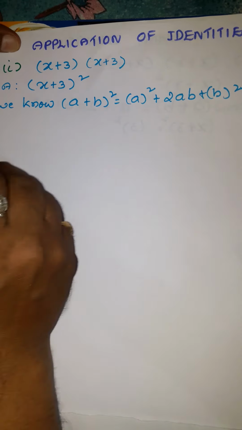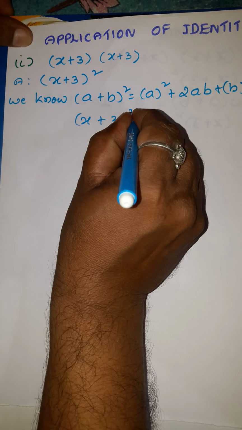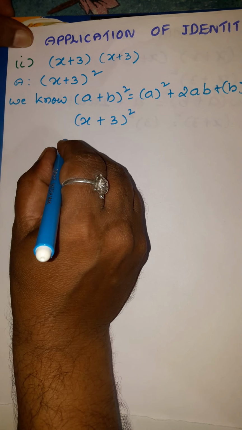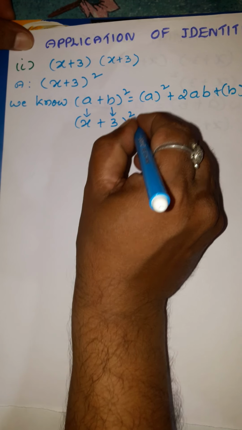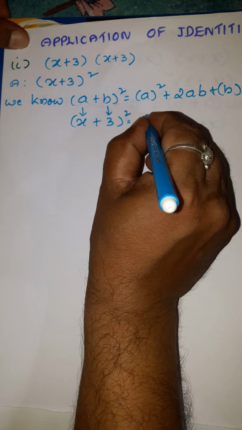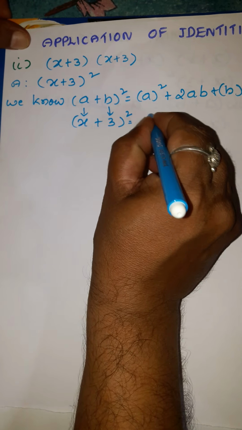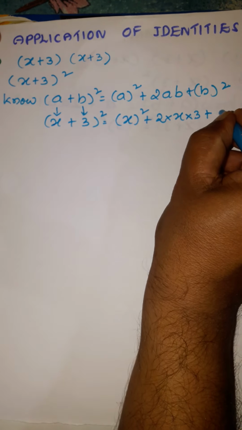Now (x plus 3) whole square is equal to, now in the place of a we have x, in the place of b we have 3. So I will write square of the first term x square, plus 2, a means first term here x, into b the second term, plus square of the second term, 3 whole square.